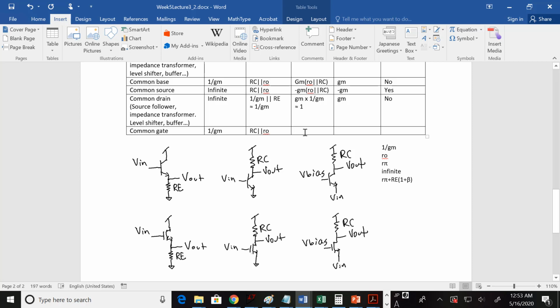And then your GM: no degeneration, so it's just GM, and it's not inverting, so that's a positive GM. Oops, that goes here, sorry, my bad. And then the gain is your big GM times your big RO.